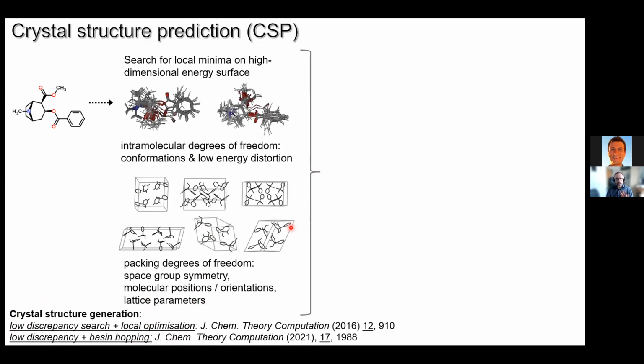So the lengths and angles of our unit cell, as well as how the molecules are positioned within the unit cell, orientations and positions of molecules, and potentially sampling again the intramolecular degrees of freedom. So it's a very high dimensional energy surface, and essentially we're looking for all of the local energy minima on this surface.